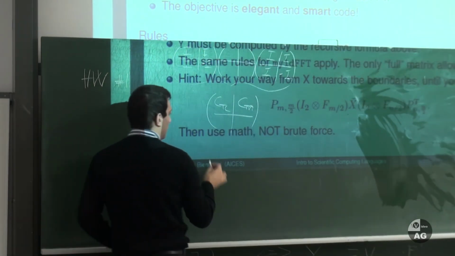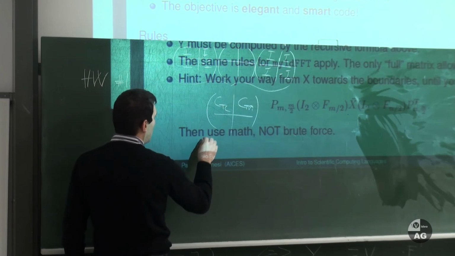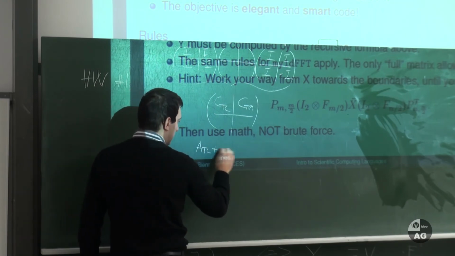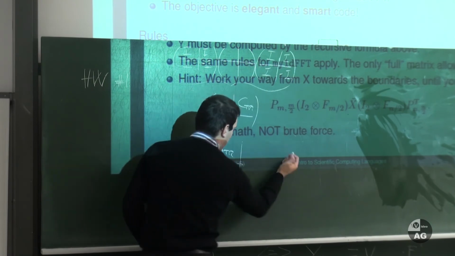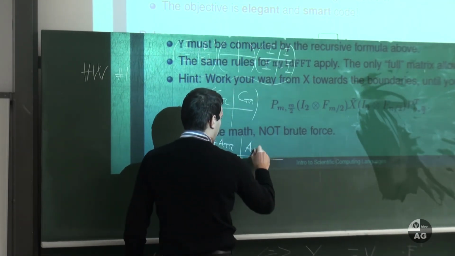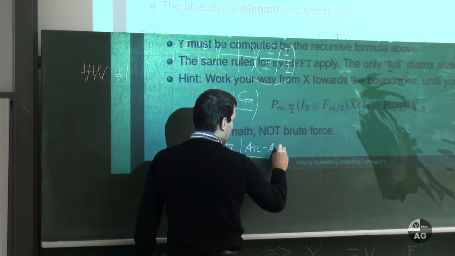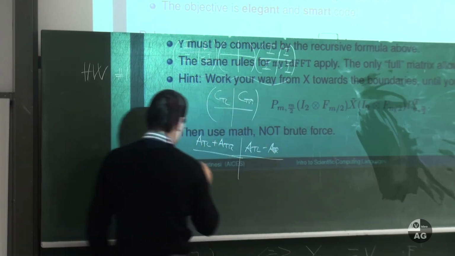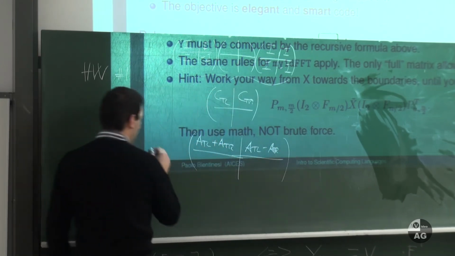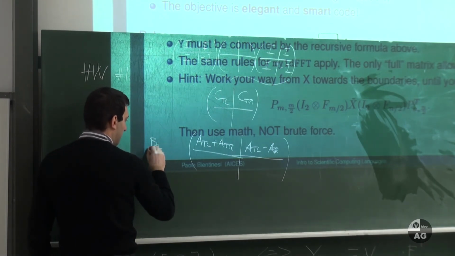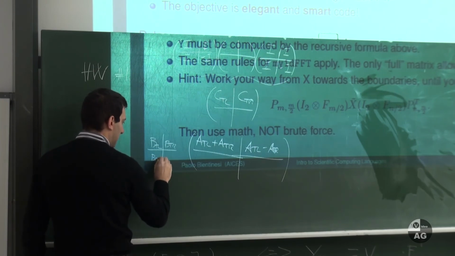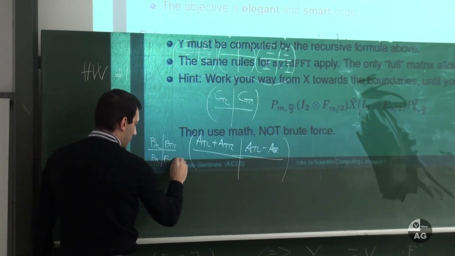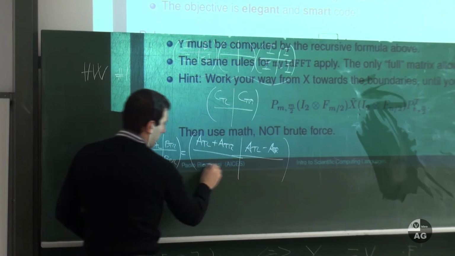And here is a C top left, a C top right, and so on. If you wonder what that is: A top left plus A top right, A top left minus A top right. And this is B top left, B top right, B bottom left, B bottom right, and so on.